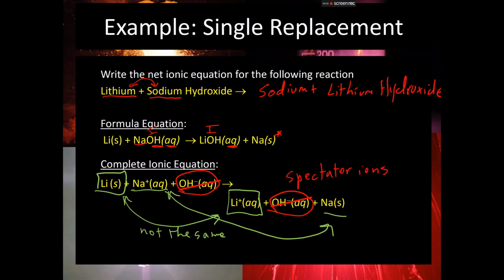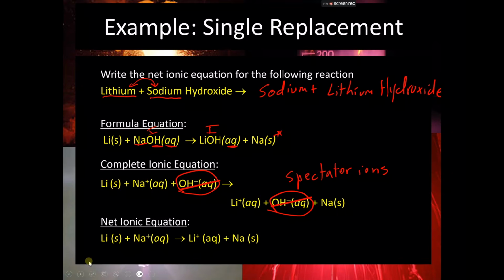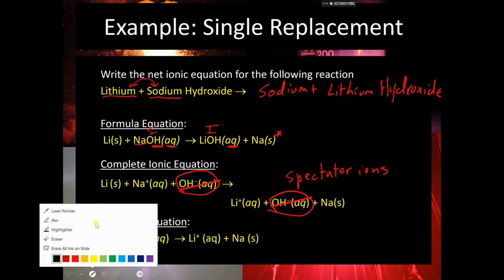So for the net ionic equation, we are going to keep the sodium, we're going to keep the lithium, but we're going to get rid of the hydroxide ion. So if we do that, then our net ionic equation is going to end up being Li solid plus Na plus aqueous yields Li plus aqueous plus Na solid.